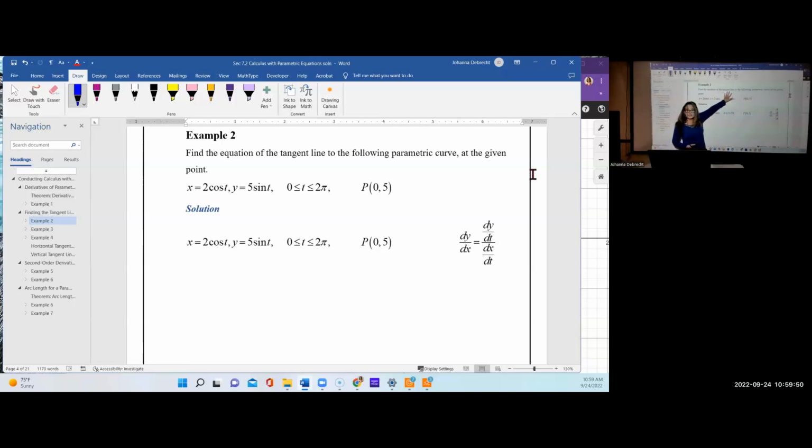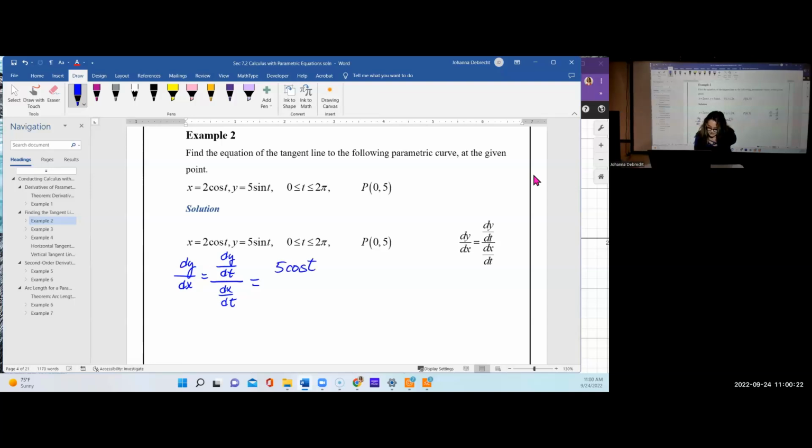So to find the equation of the tangent line, we need a point, which we have, and we need the slope, which we don't have. So we need the slope of the tangent line, which is the derivative. So first we're going to find the derivative, dy/dx, by evaluating dy/dt and dividing that by dx/dt. Now, dy/dt, if I take the derivative of this, I get 5 cosine of t.